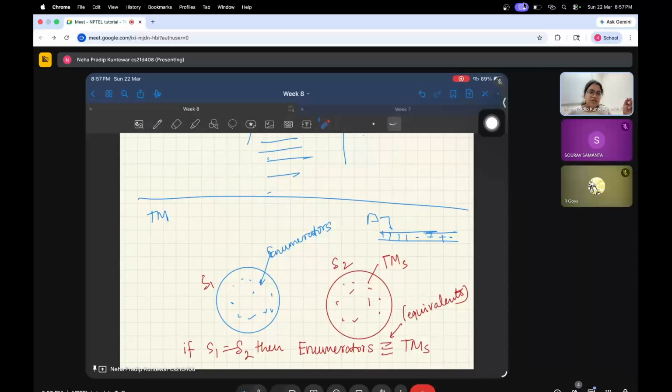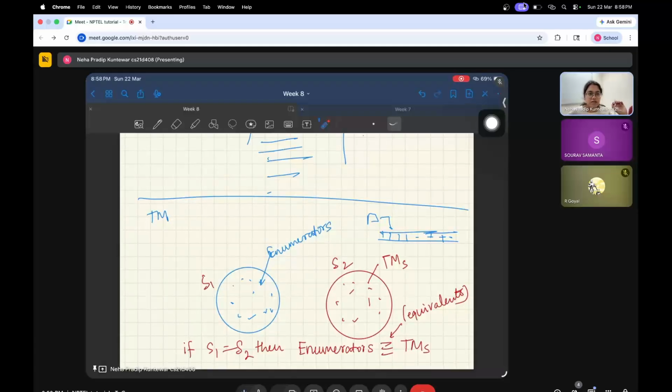You might have also come across this term when we talked about models of computation for regular languages. For example, we talked about DFAs and NFAs, and we say that they are equivalent. DFAs and NFAs are equivalent because every language that can be computed by a DFA has an NFA for the same language, and the other way around is also true. For every NFA there is a DFA which computes the same language.